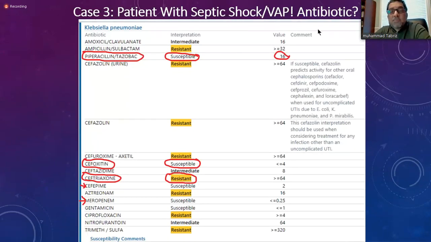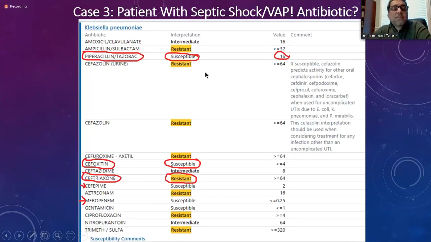So in a septic shock patient with ventilator-associated pneumonia, you would consider a carbapenem in this kind of patient, right? On the other hand, if I'm going to just treat typical cystitis and so on, even though the MIC is high at 16, I could use high-dose piperacillin tazobactam by extended infusion.